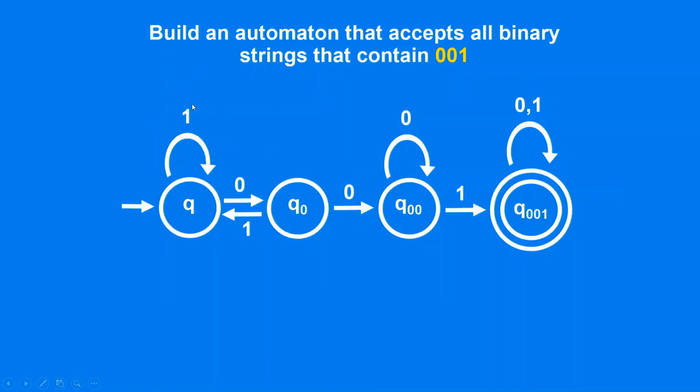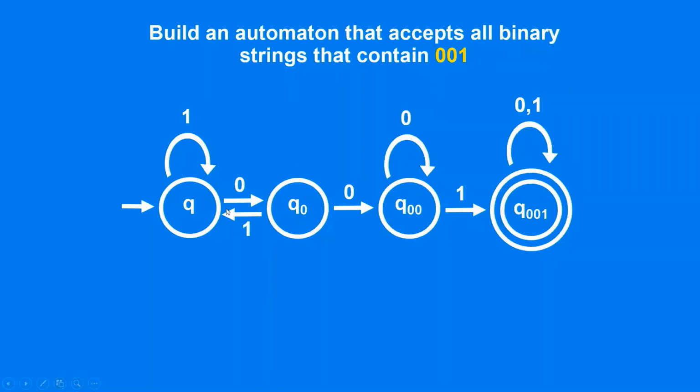Or say 1, 0, 1, 1, so you can move on. Whenever you see a 0, there is a chance that you will see the substring 0, 0, 1.